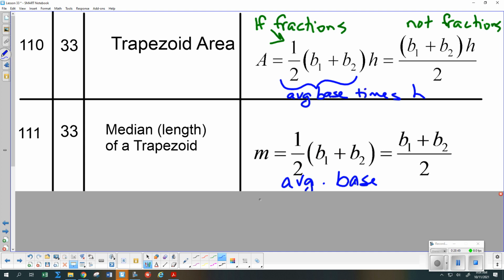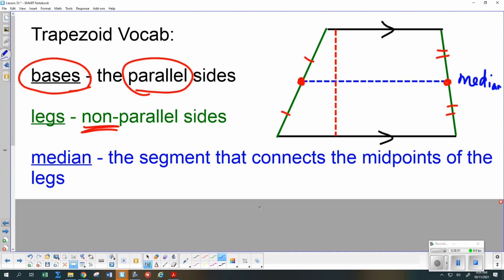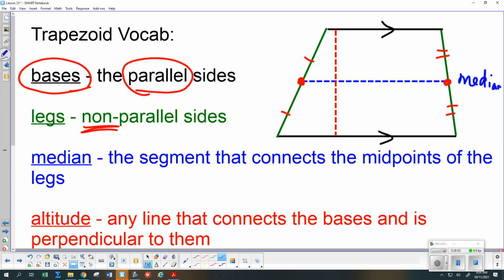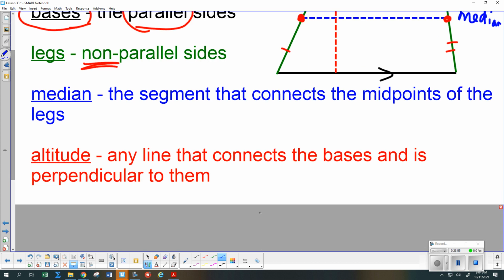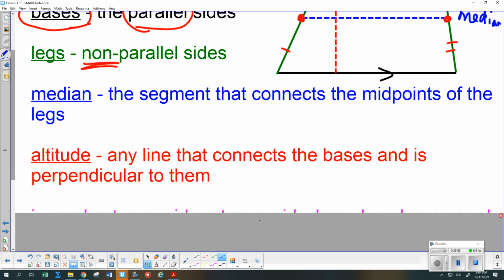So the special trapezoid that I want to talk about is an isosceles trapezoid. I guess I didn't get altitude or height labeled in there. When you're doing that in that area formula, that's got to be at a 90-degree angle. It might be one of the sides, but only if one side is perpendicular to the two bases.